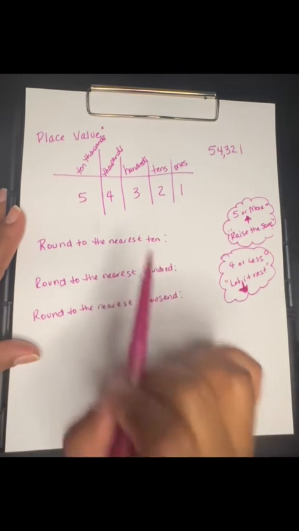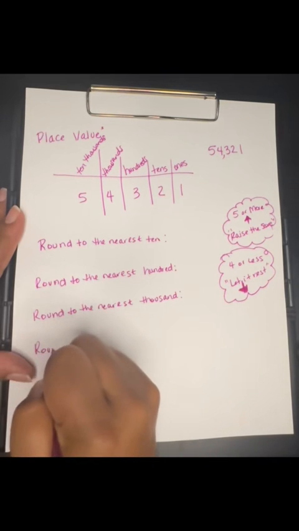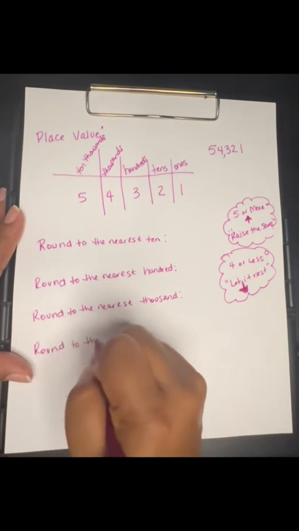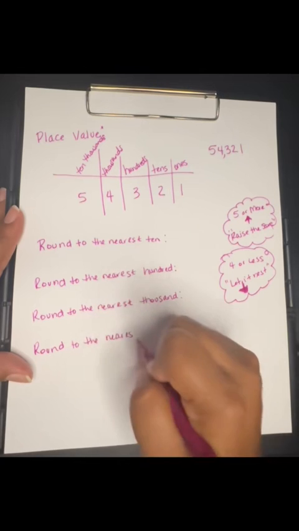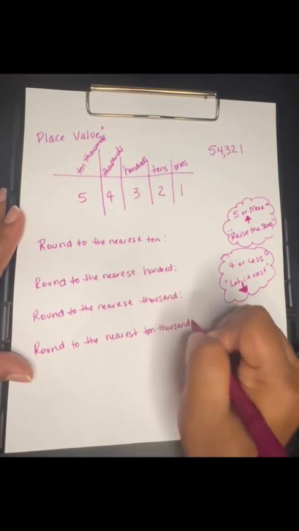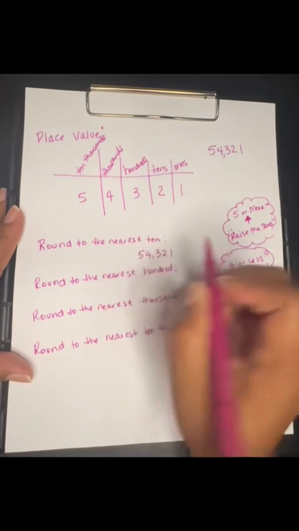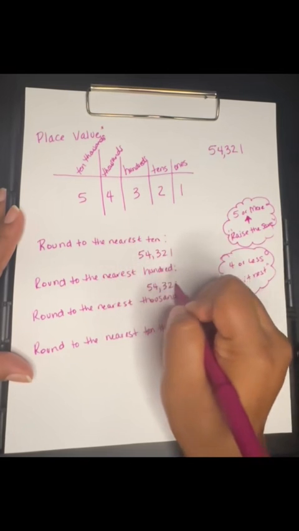And in this case, we can also have a question that asks us to round to the nearest 10,000. Okay. Each time, I'm going to write that same number because I'll be working with that number in each one of these cases.